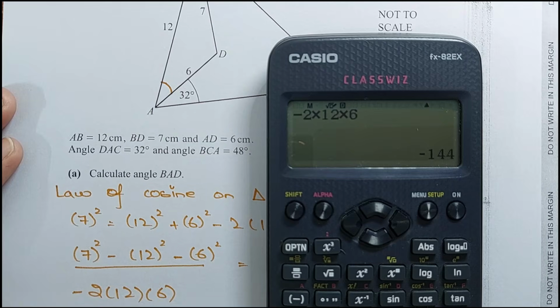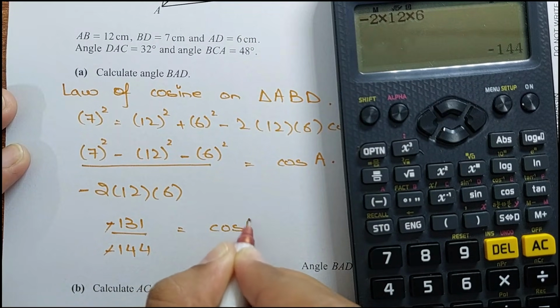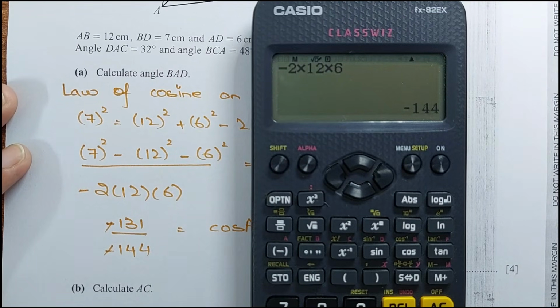So negative is cancelled with negative, and this equals cos of A. Now 131 divided by 144.